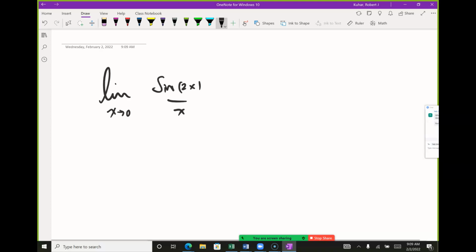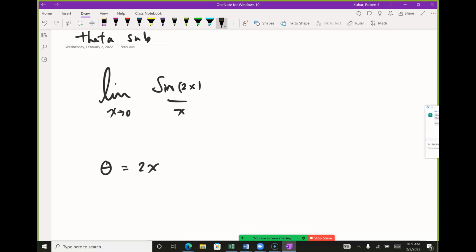And my trick is to make a theta substitution. You'll see we'll do all kinds of substitutions in calc, this whole calc sequence. When things are complicated inside, I want to make them look simple. Okay? So I'm going to let theta equal 2x.